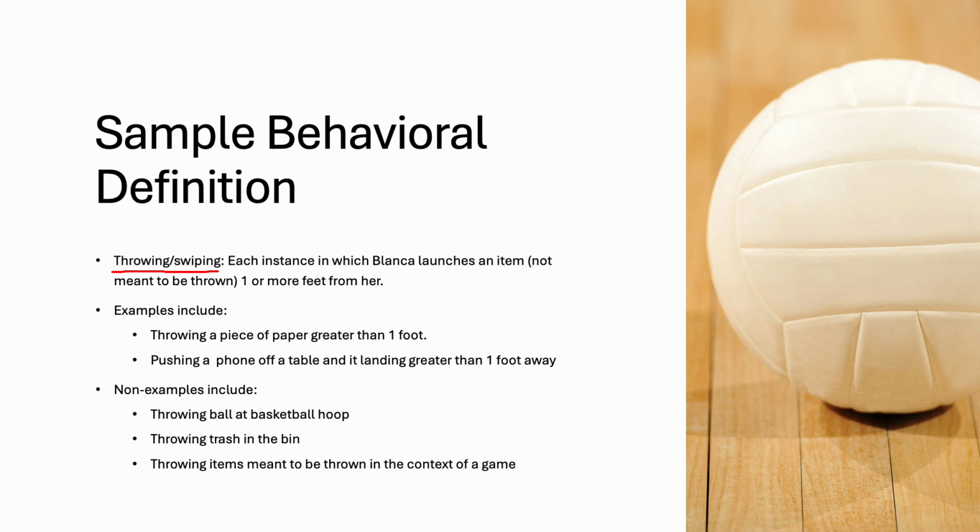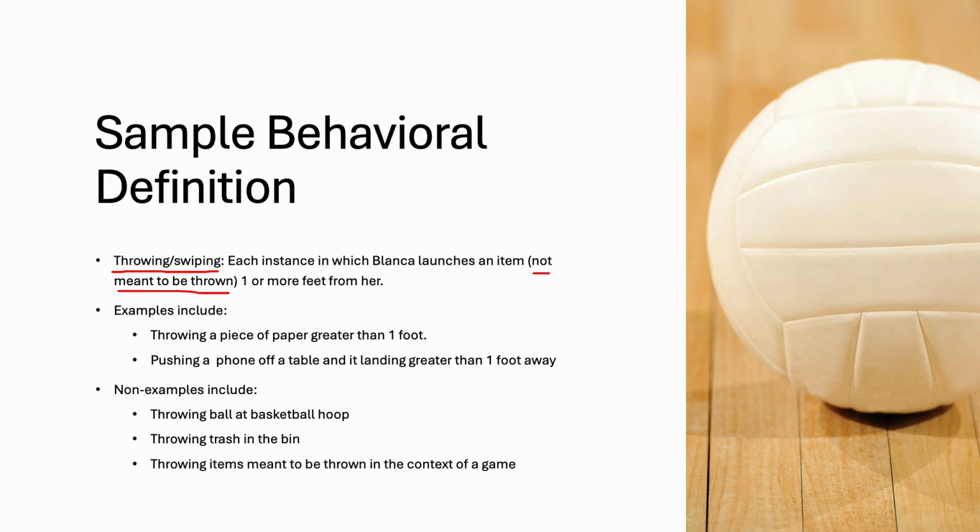Okay, so throwing or swiping is defined as each instance in which Blanca launches an item, which is not meant to be thrown, 1 or more feet from her. And this obviously can be subjective, so I did my best to define that in the examples and non-examples. So an example includes throwing a piece of paper greater than 1 foot.